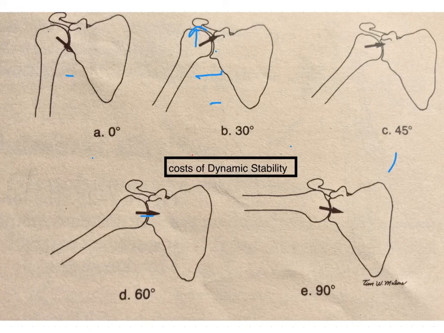Next, the joint reaction force shifts to the superior fossa but begins to center, and once it reaches here it begins to return to the central position. Here you can see this is the superior position, and here it is again returning to the central position at about 45 degrees.